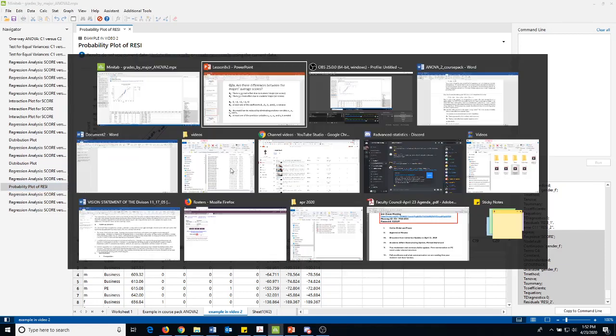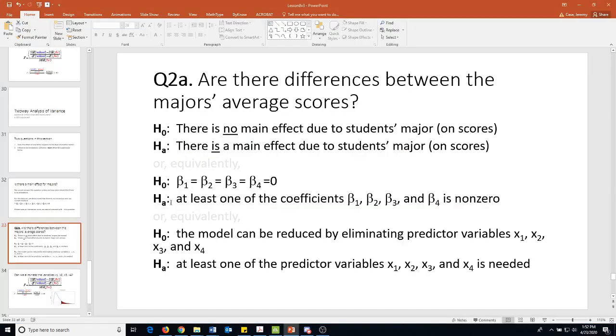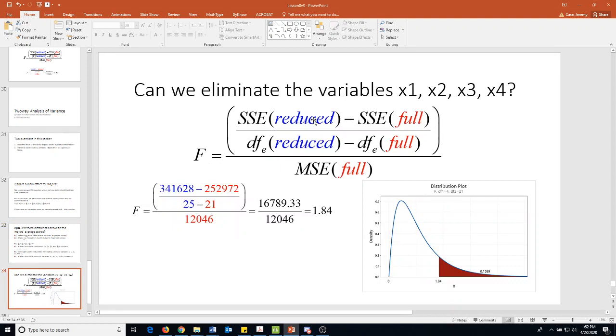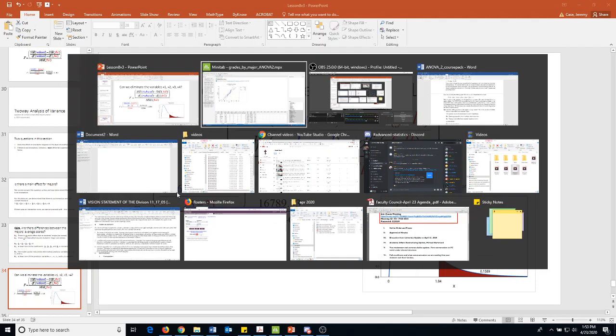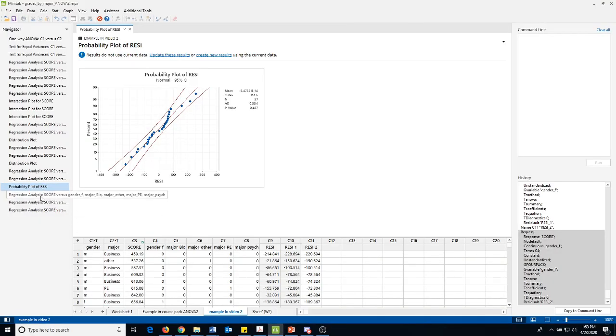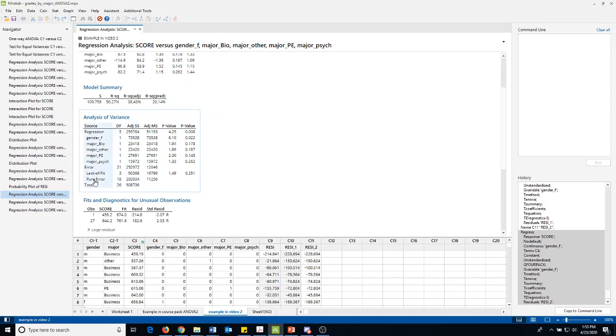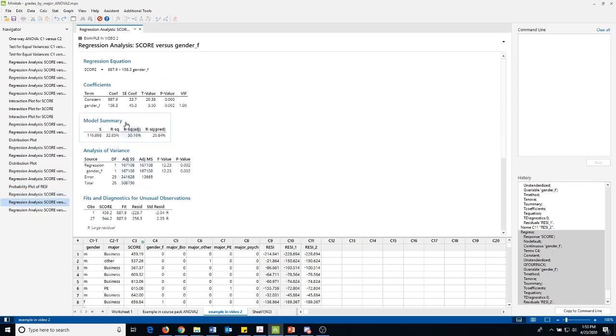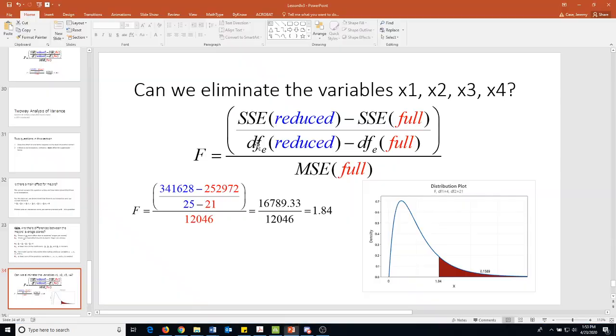So anyway, let's go ahead and calculate our partial F statistic. Remember, it's the sum of squared errors reduced minus full, over the degrees of freedom. So if we take a look at the reduced model, because it has gender only, I get 3341.628 and 1365 with 25 degrees of freedom.